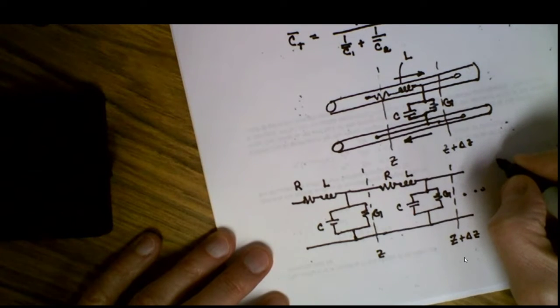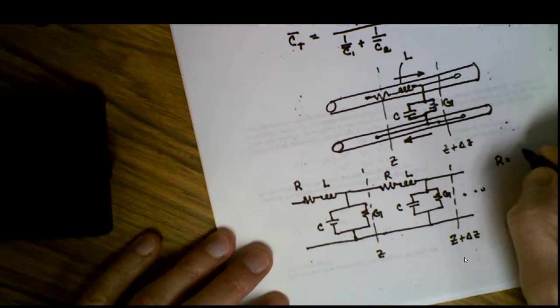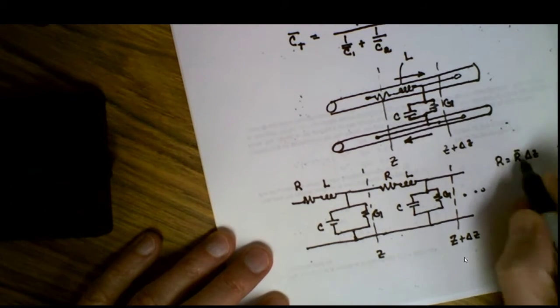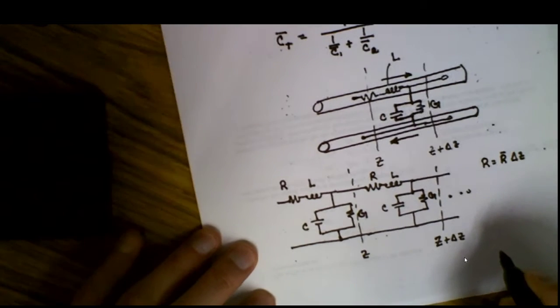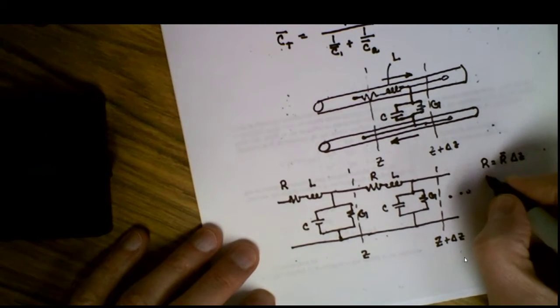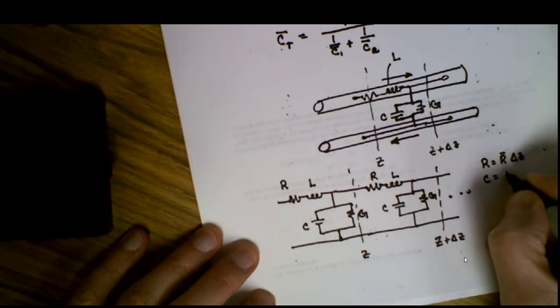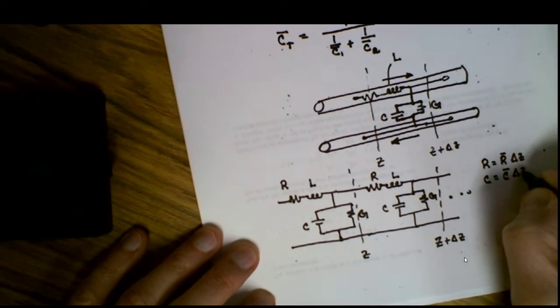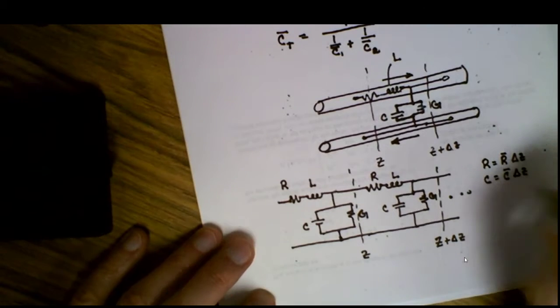Therefore, that resistance R is going to be equal to R bar times delta Z. R bar is the distributed resistance. C is equal to C bar times delta Z, and so on and so forth.